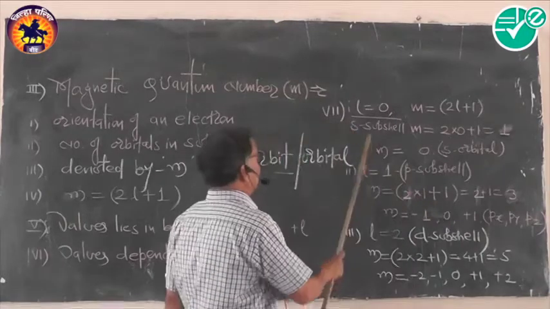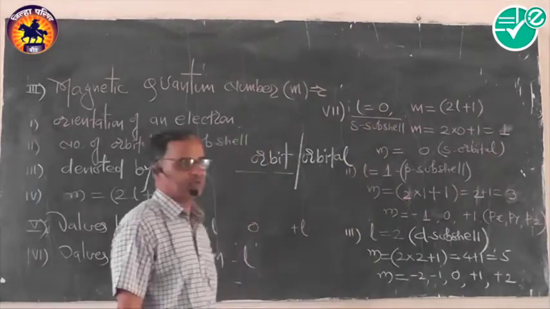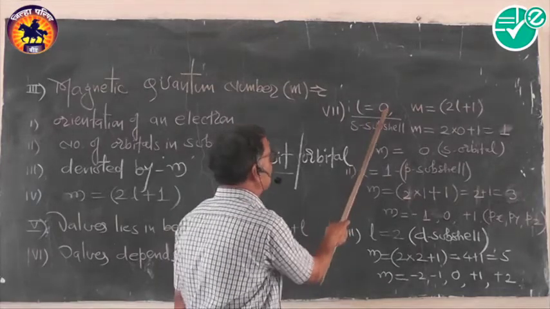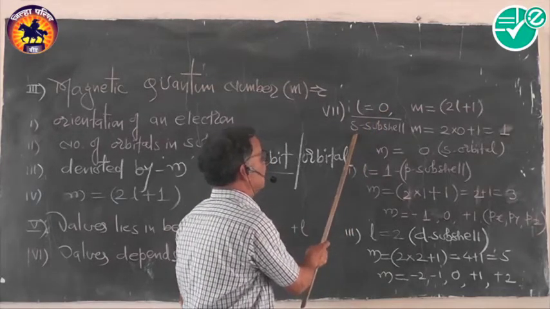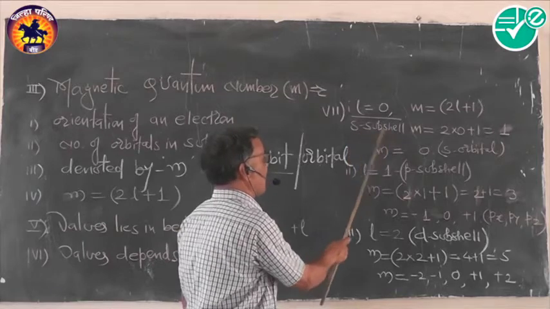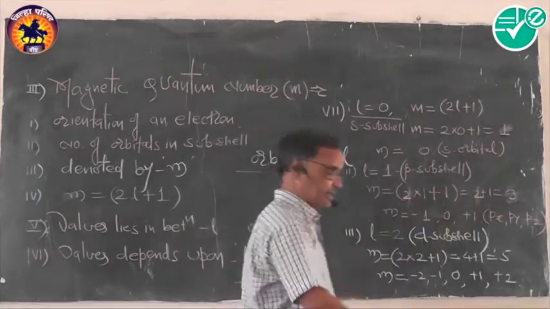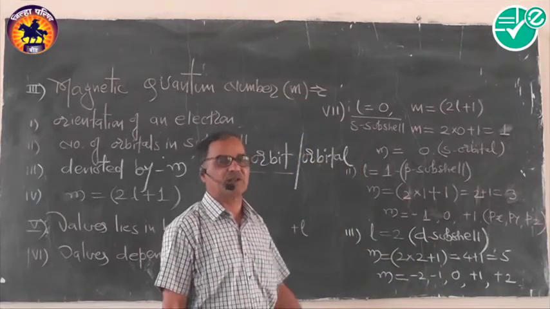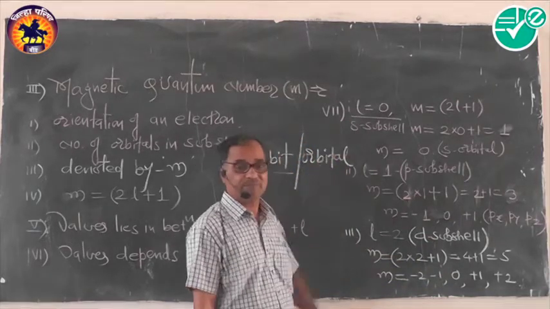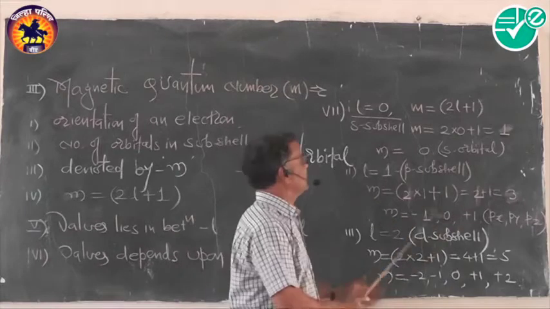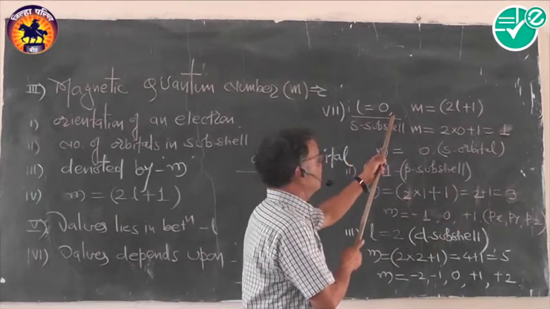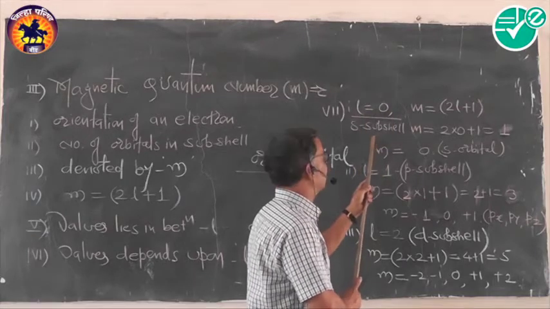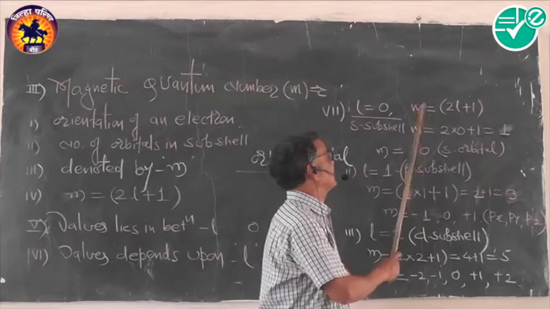We know that l is equal to 0, which represents s subshell or s sub-energy level. And m is equal to 2l plus 1 gives the number of orbitals present in the sub-energy level. So put l equal to 0, and the number of orbitals present in the s subshell can be calculated.